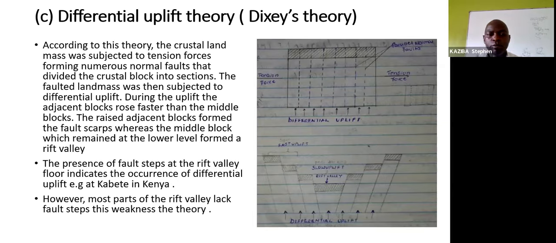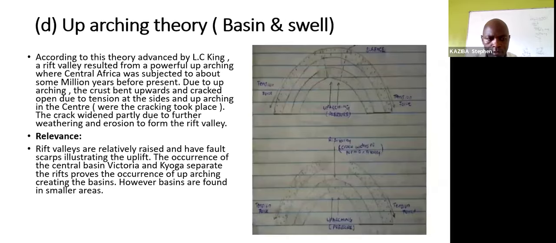So the middle block forms the Rift Valley. It is supported by saying that the presence of fault steps at the Rift Valley floor indicates the occurrence of differential uplift. If you look at the Rift Valley floor, there are those fault steps, indicating that land was uplifted, where the middle block was uplifted at a slower rate as compared to the 2 outer blocks.